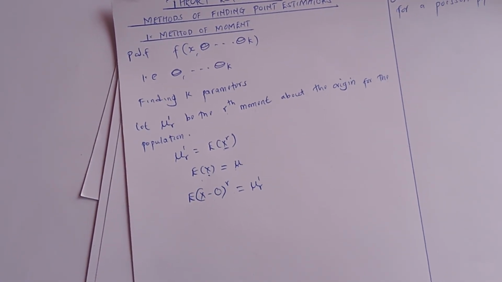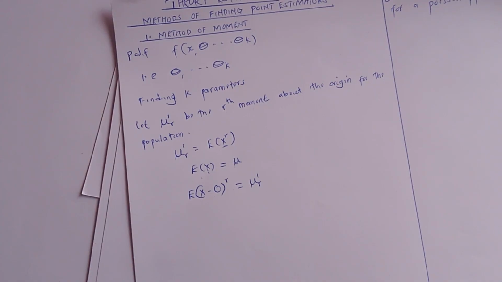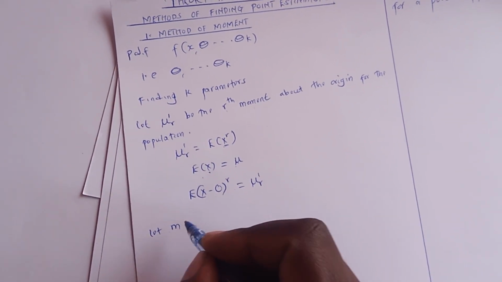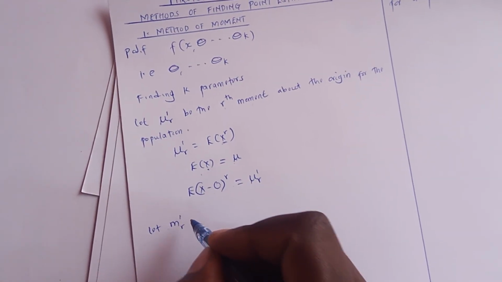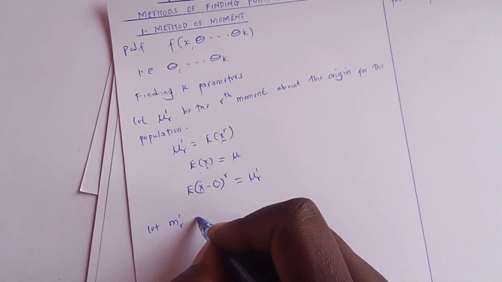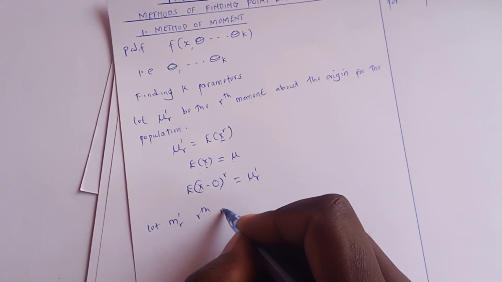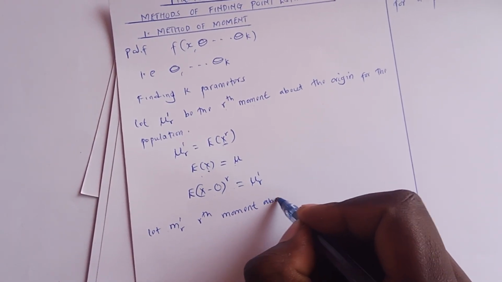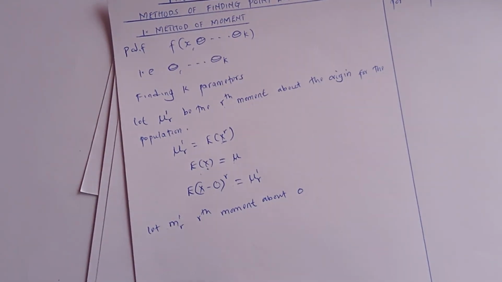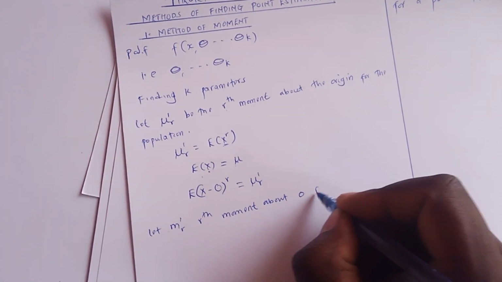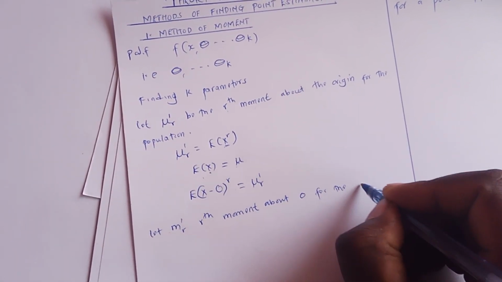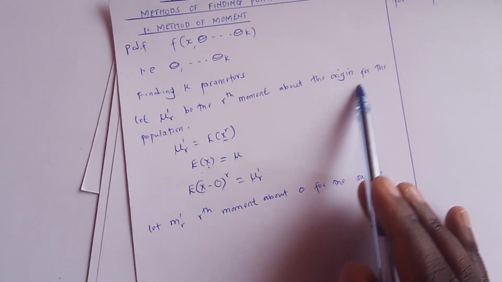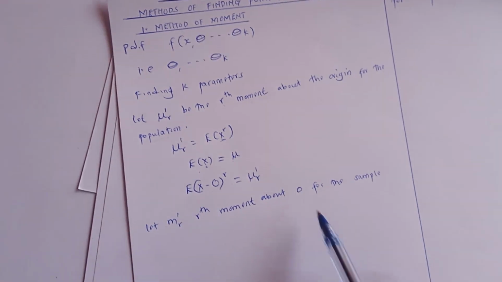Are we there? After this, we let m prime r be the rth moment about the origin for the sample. Please note that the first one was for the population, but this one is for the sample.